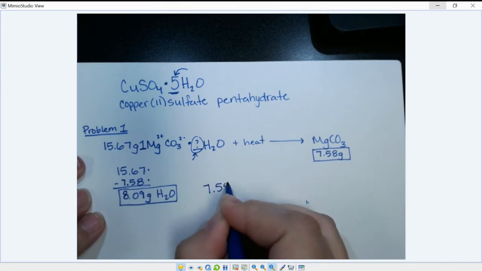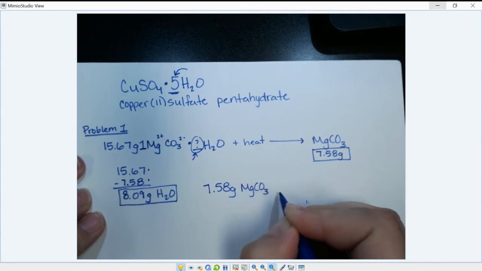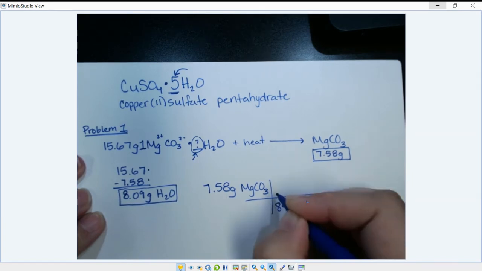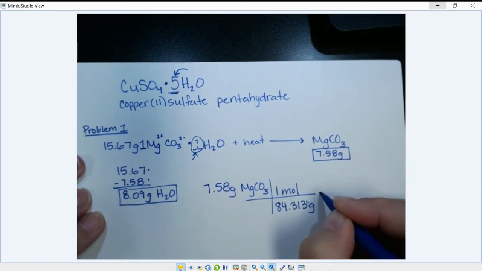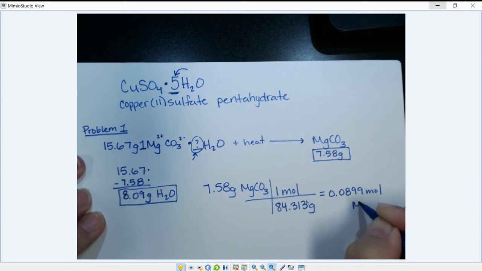So I have 7.58 grams magnesium carbonate. I'm going to convert that to moles by dividing by the molar mass, which is 84.313 per 1 mole. When I calculate that out, I find that it is equivalent to 0.0899 moles of magnesium carbonate.